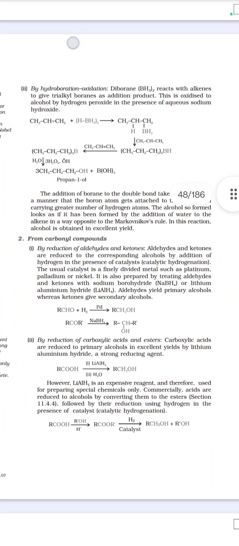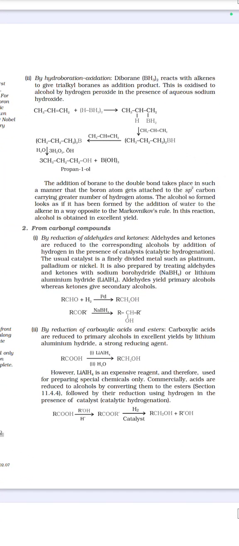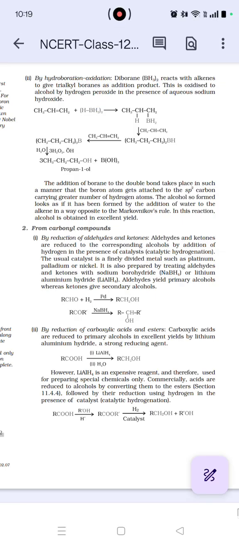Second method, by hydroboration oxidation. Diborane, (BH3)2, reacts with alkene to give trialkyl borane as an addition product. This is oxidized to alcohol by hydrogen peroxide in the presence of aqueous sodium hydroxide. CH3CH=CH2 plus (BH3)2 gives CH3CH2CH2BH2.